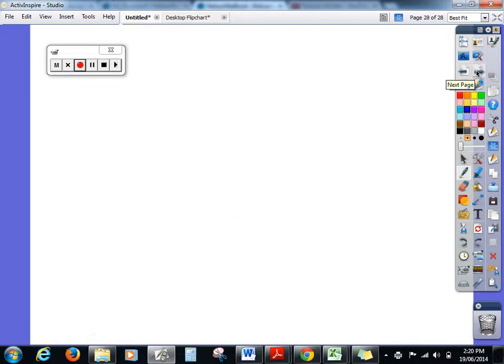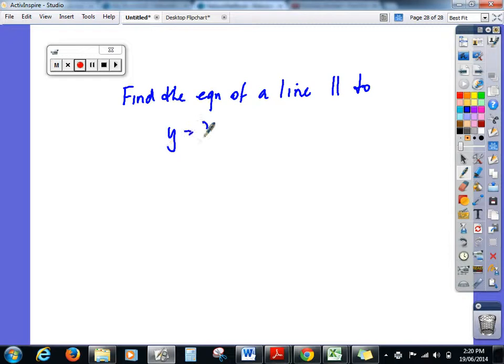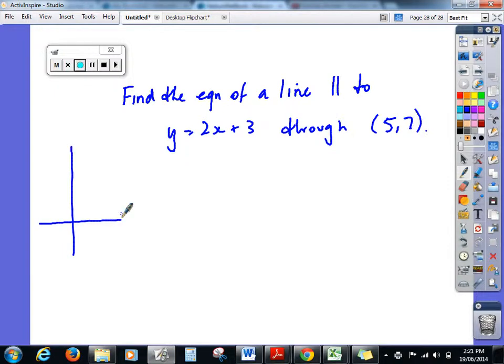So if we have, find the equation of a line parallel to y equals 2x plus 3 through the point 5, 7. What is this equation? So here we have a line which is 2x plus 3, so it's like that. That's the line.